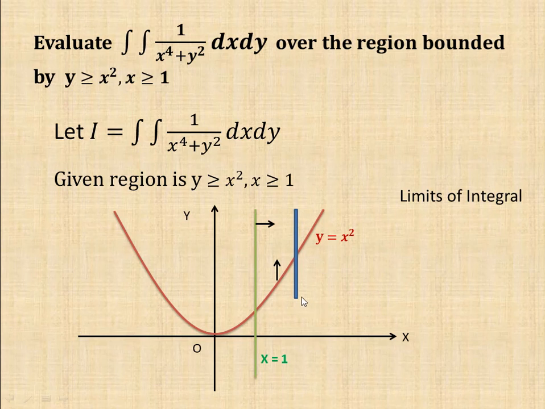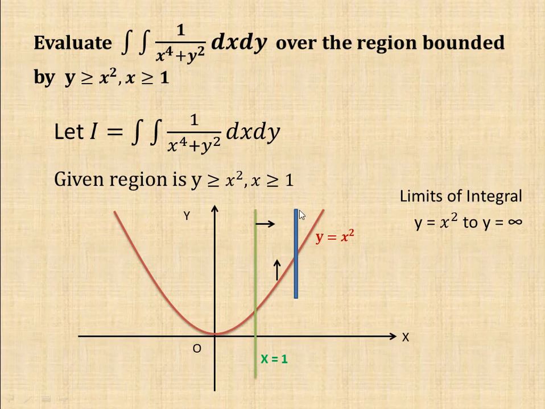Now imagine the rod rotates horizontally. You will find that the bottom of the rod will rotate on this parabola, that is y equal to x square, and top will be towards infinity. So limits of y will be y equal to x square to y equal to infinity. Check once again. Bottom of the rod is on the parabola, so lower limit of y will be x square.